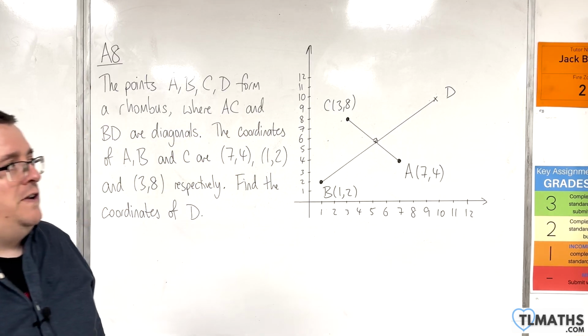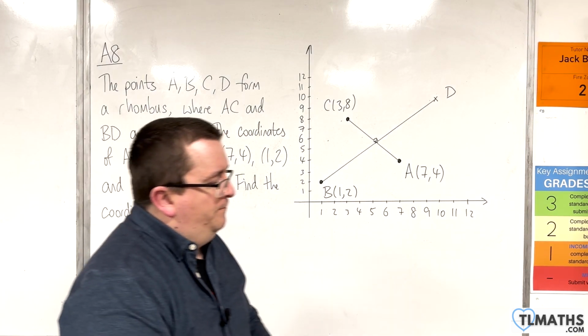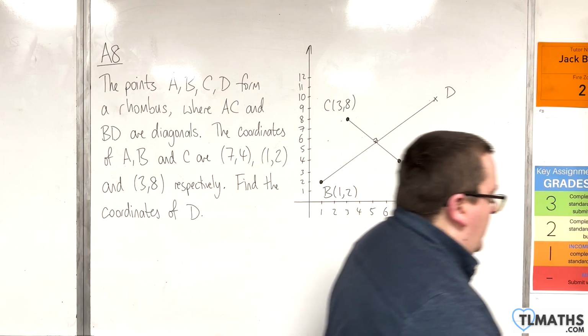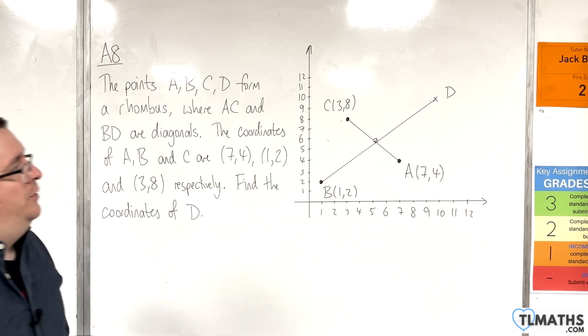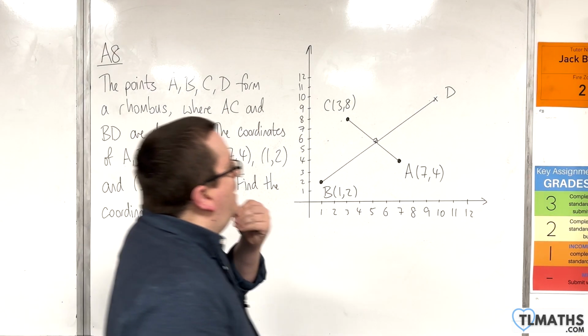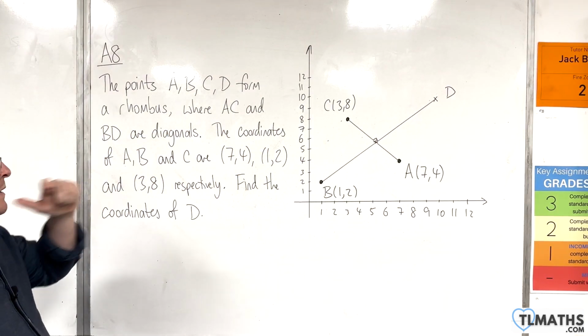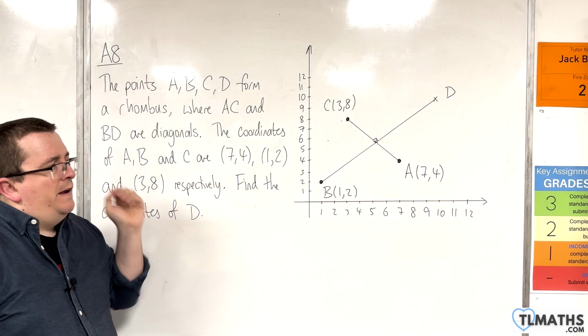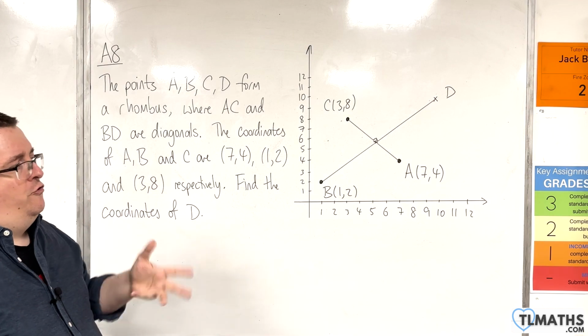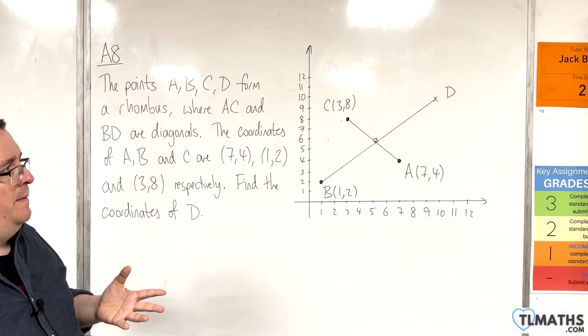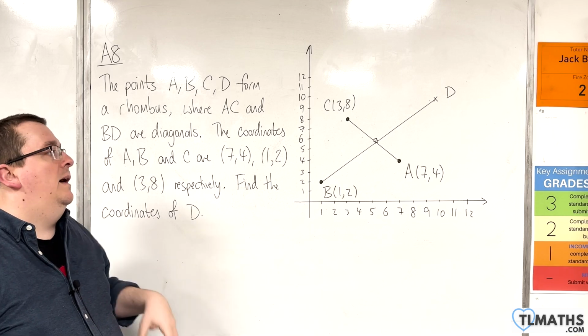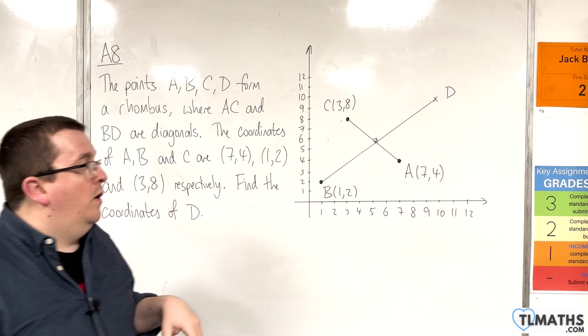So our job is to figure out the coordinates of D. If I'd drawn it accurately, I'd probably be able to get a good idea about whereabouts it is, so it'll be interesting to see how close I am. There are a couple of different ways of tackling this problem, and I'll go through both of them so you can see how they work.